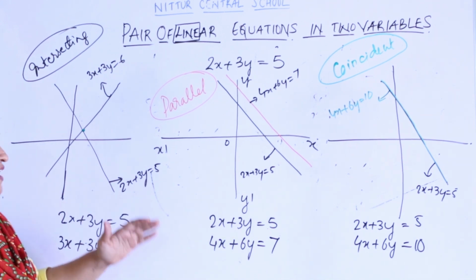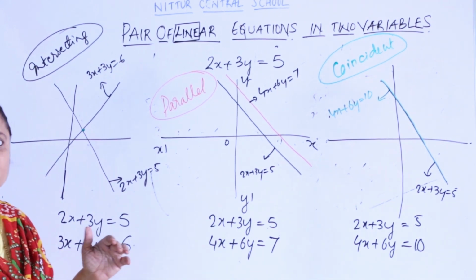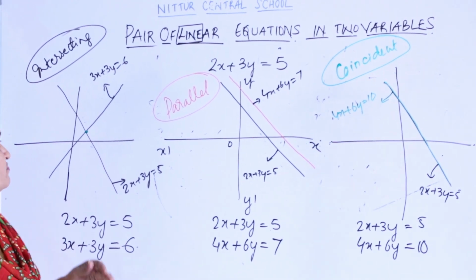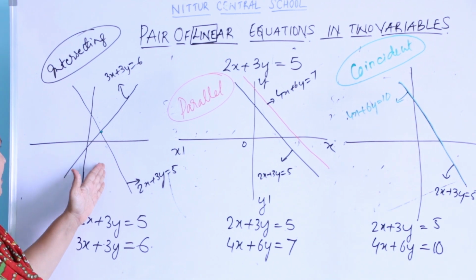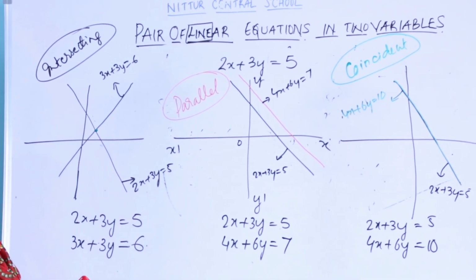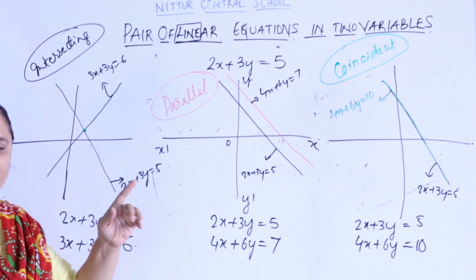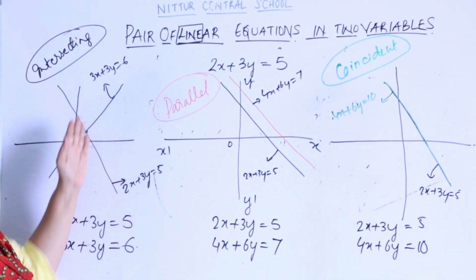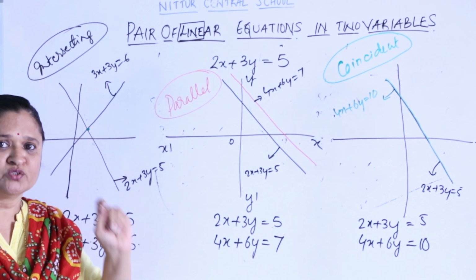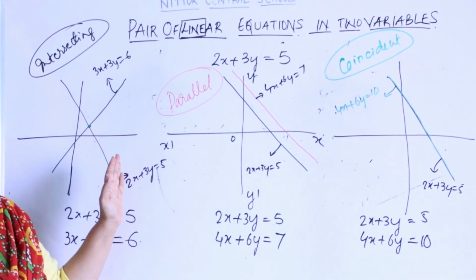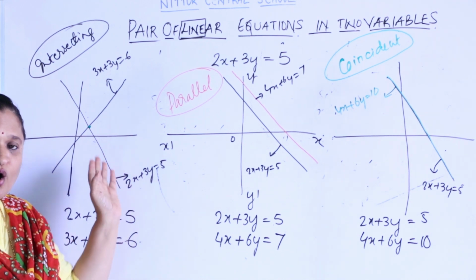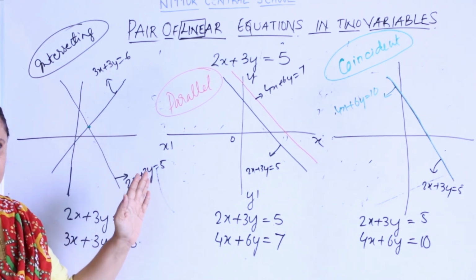Now, we have already discussed what solutions for a pair of linear equations are. In this case, there is only one pair which is common to both the lines. When we say solution for a pair of equations, we are talking about solutions which are common to both the lines.